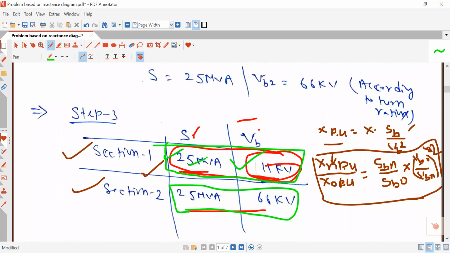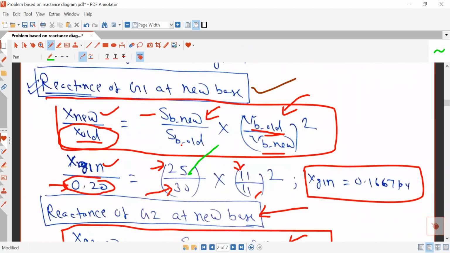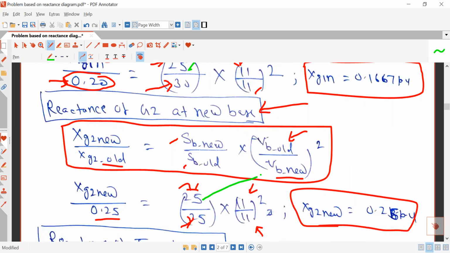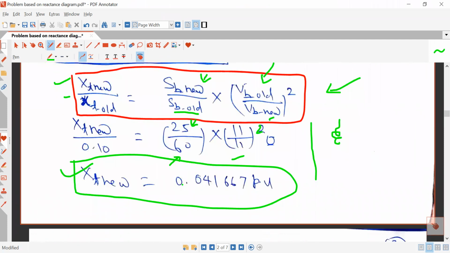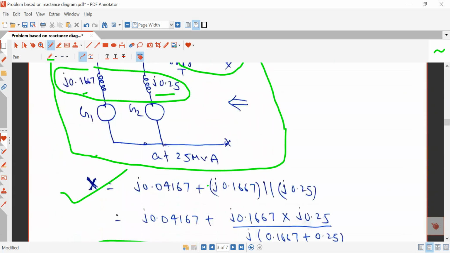You just have to replace this 25 MVA by 60 MVA. Each 25 MVA will be replaced by 60 MVA, and you can again get the new value of the reactance. So in this way a given block diagram can be converted into the reactance diagram.